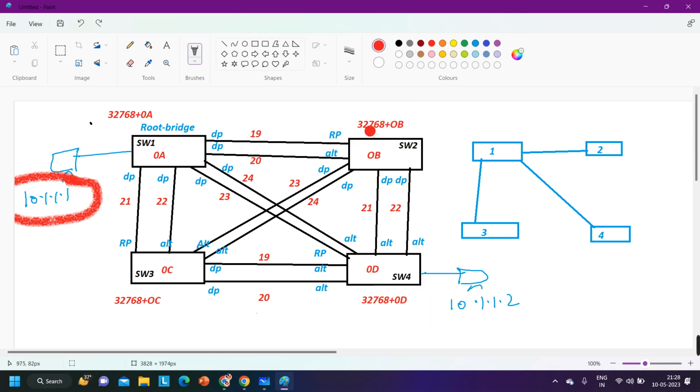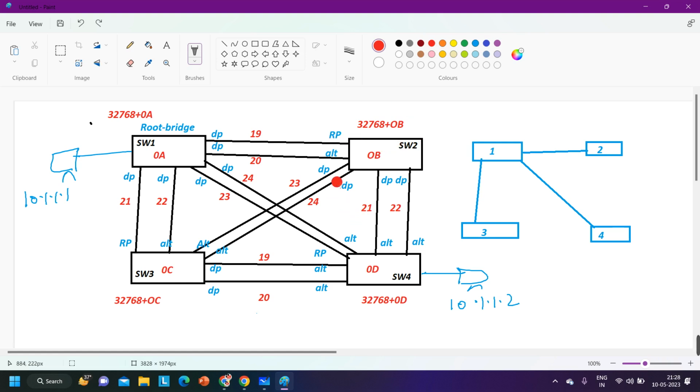Suppose here you can write that I am using priority 0 over here, or here I am using port ID 20 instead of 19. So anything you can configure, you can manipulate the path by using two things: priority of root bridge and priority of port.